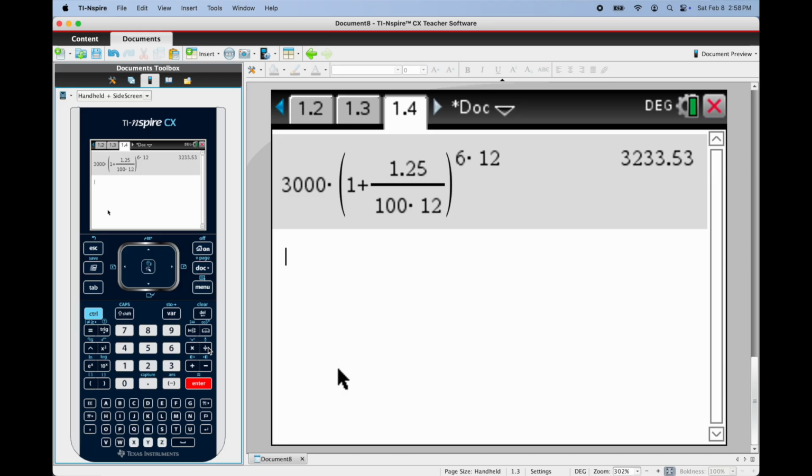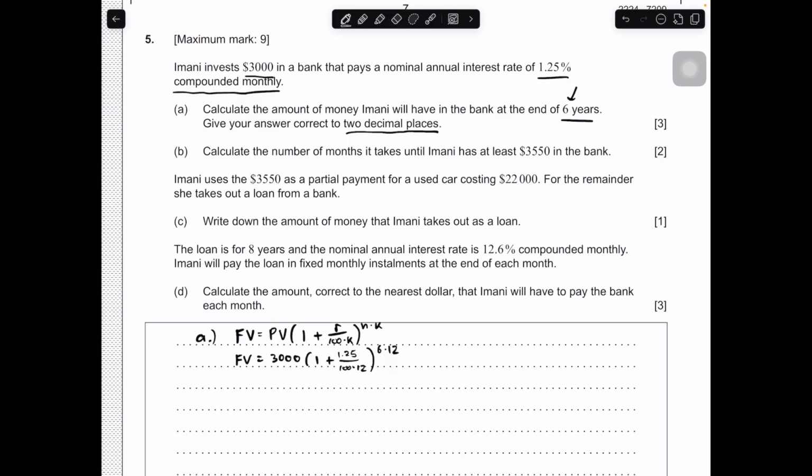Let's just make sure that's all okay. It looks like it is. All right, so I'm going to go back to the document here. Final value is equal to 3,233.53. And they're asking us for 2 decimal places, so it already looks like it's fine as it is.